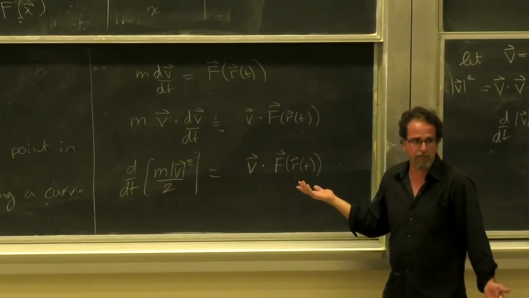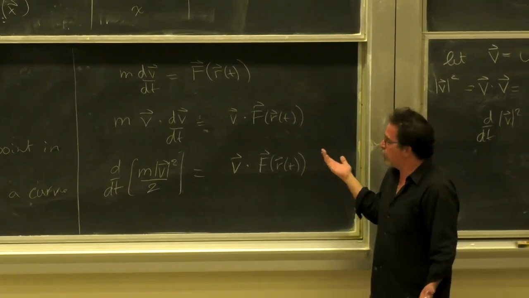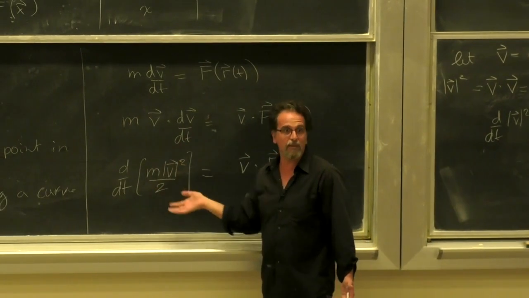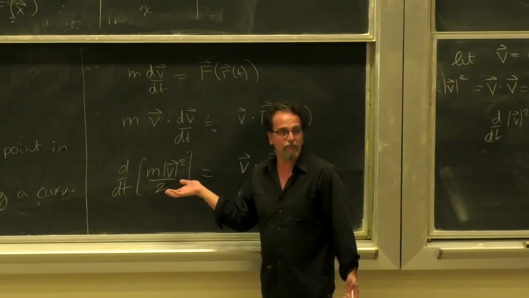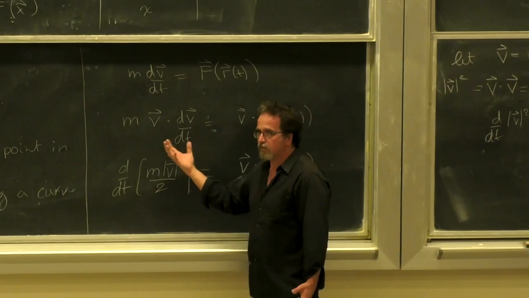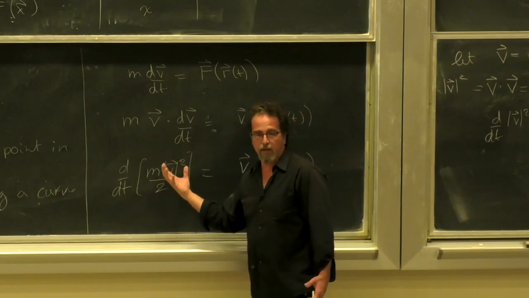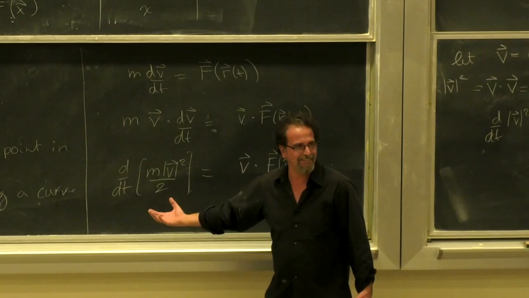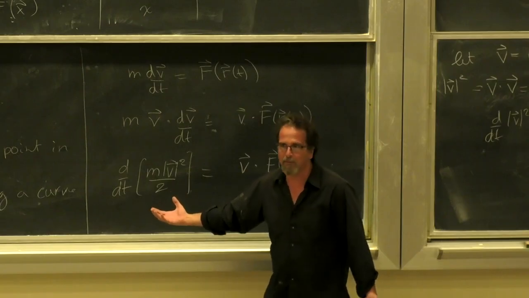I haven't done anything mysterious to it. And you may look over here and you're like, hey, I knew that mv squared over 2 is something I've heard about in the past. Okay? And so, in fact, we're going to come up with a name for this. We don't know what it is yet, except we do, or many people might.